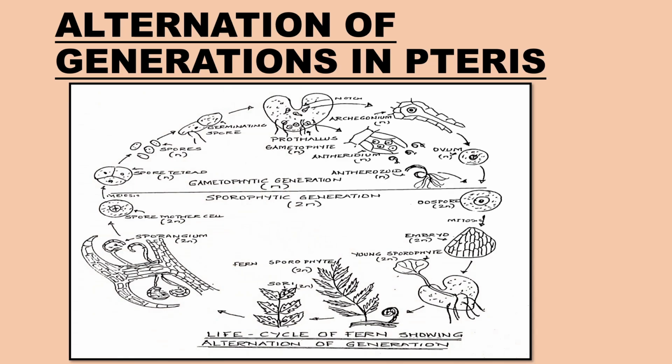Pteris exhibits an alternation of generations to complete its life cycle. It has two distinct phases, a diploid sporophyte and a haploid gametophyte. The sporophyte is dominant, independent, and reproduces asexually by spores. These spores develop into the gametophyte or the prothallus.